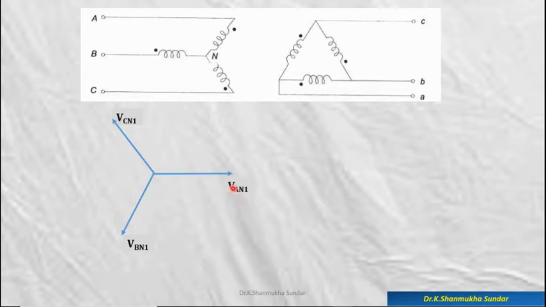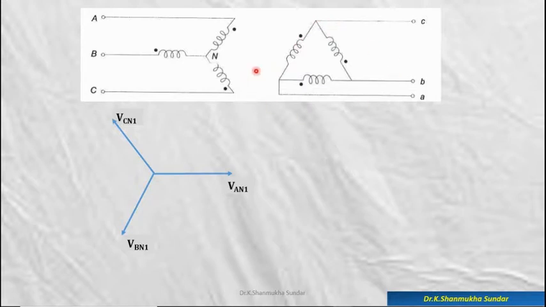Now let us see. VAN is a phase voltage. What is the corresponding phase voltage or winding which is parallel to this winding on the delta side? This is the winding on the delta side which is parallel to this winding. So this voltage drop and this voltage drop are in phase. This voltage drop is VAN1, the positive sequence voltage. What is the voltage here?